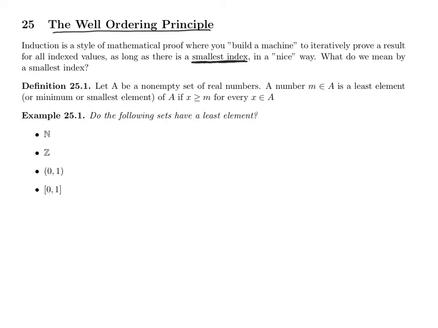So here we have a definition. We want to talk about a least element. So that's what we're defining here, a least element. Assume we have some non-empty set of real numbers. Then we say some number in that subset is a least element or a smallest element if for every x that's in A, x is greater than or equal to that minimum m.